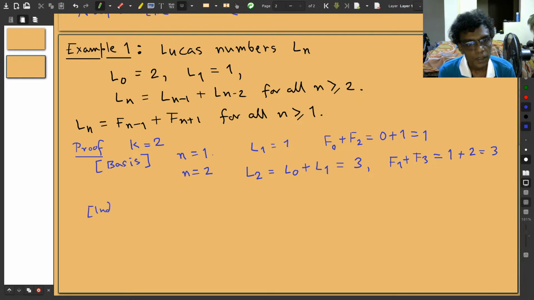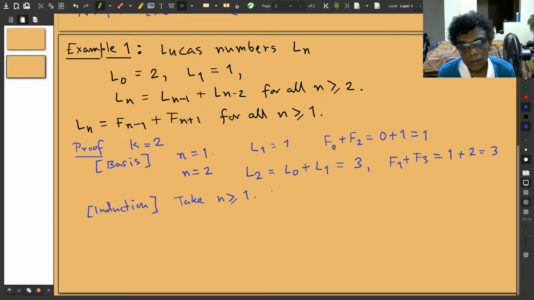And the inductive step, we will take some n greater than or equal to 1, and I will make two inductive assumptions. Assume that this holds for n and n plus 1.